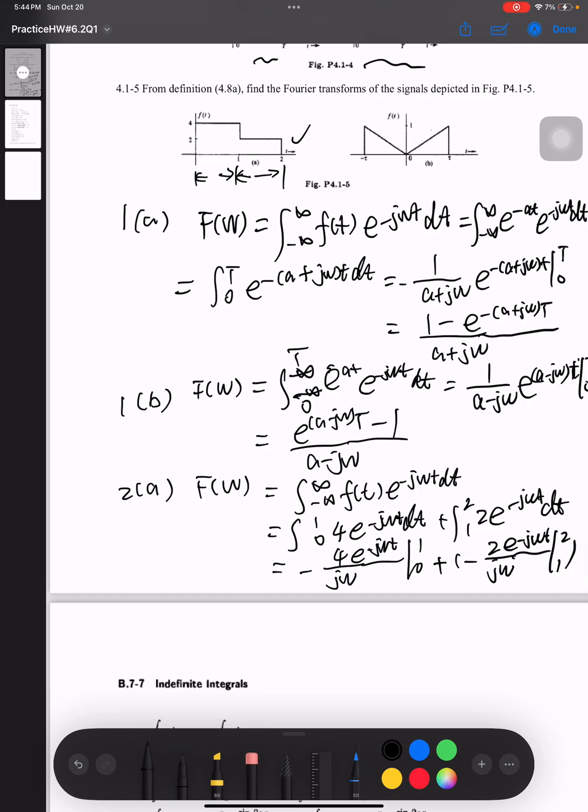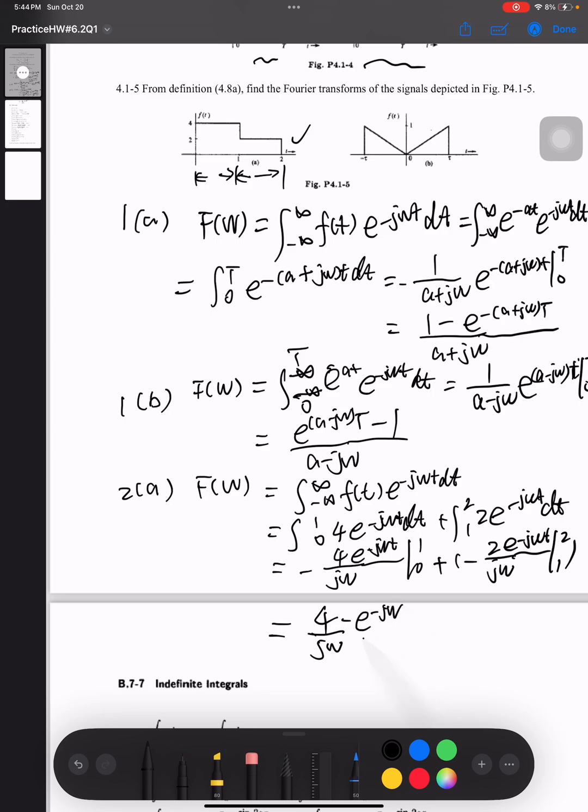And we can calculate. For the first one, from 0 to 1, it's 1 over j omega times (1 minus e^(-j omega)).